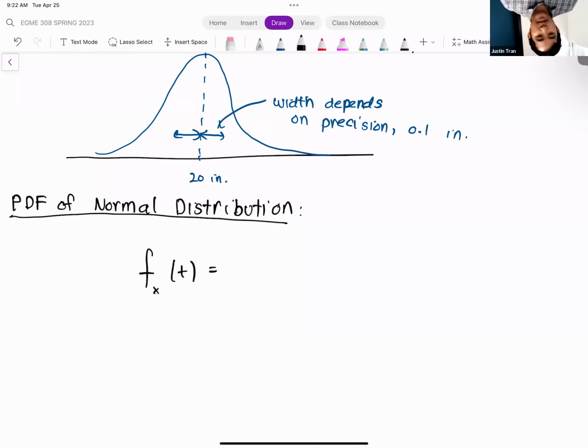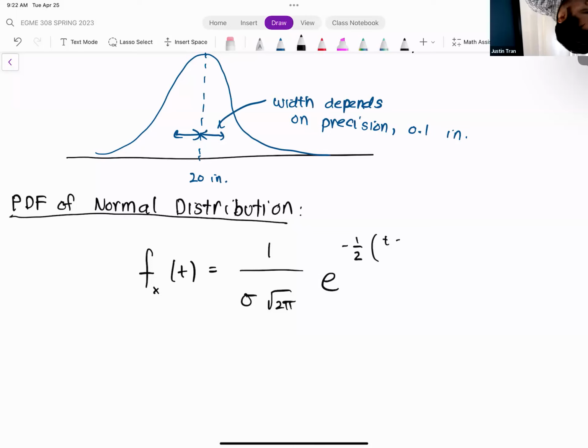Okay, so our probability density function, f of t, is equal to 1 divided by sigma times the square root of 2 pi, times e, and this e is raised to the power of minus 1/2 times the quantity t minus mu, divided by sigma, squared.